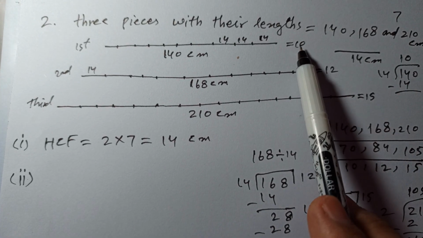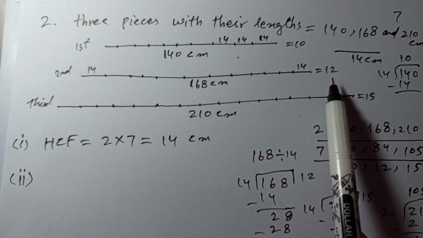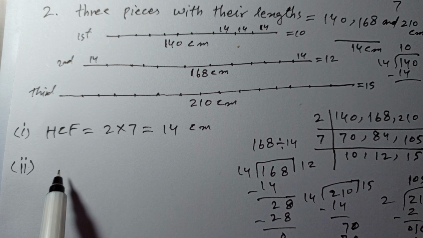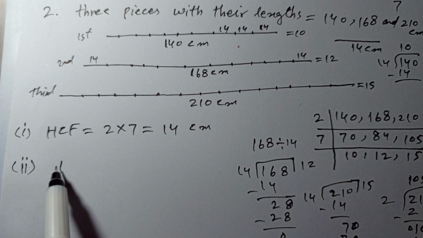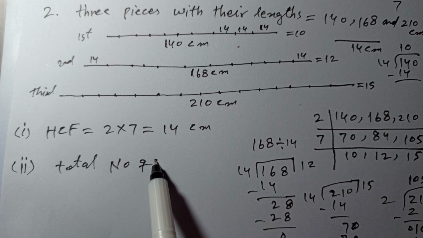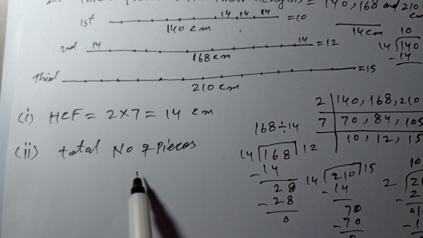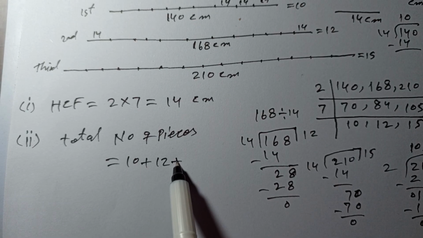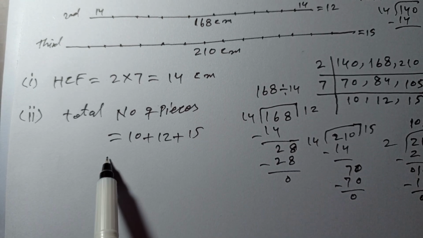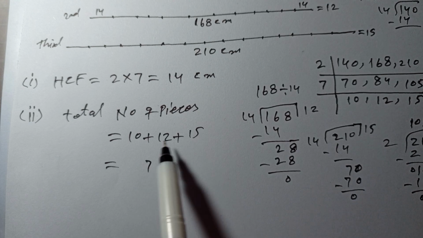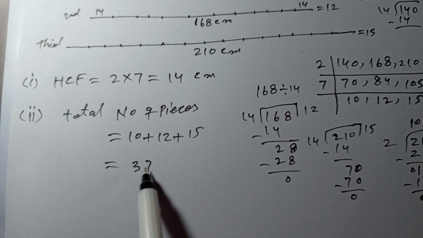So you will add these 10 pieces from this rope, 12 pieces from this rope, and 15 pieces from this rope. Total number of pieces, dear student, are 10 from the first, 12 from the second, and 15 from the third one. Add all these, you will get 5 plus 2, 7, 1 plus 1, 2, 1, 3, 37 pieces.